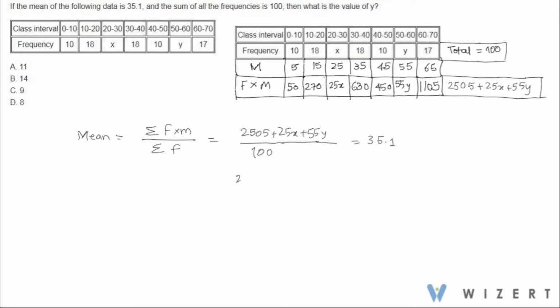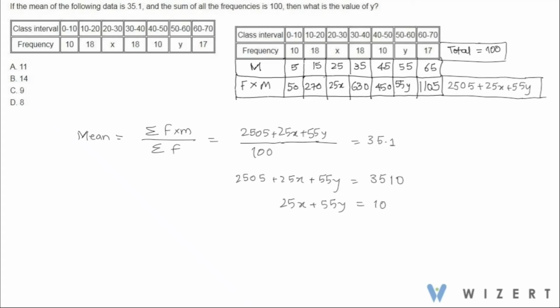So we have 2505 plus 25x plus 55y equal to 3510. So we get 25x plus 55y equal to 3510 minus 2505, which is equal to 1005.